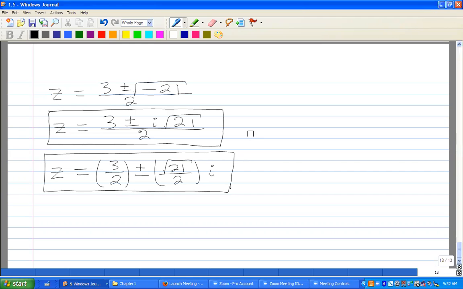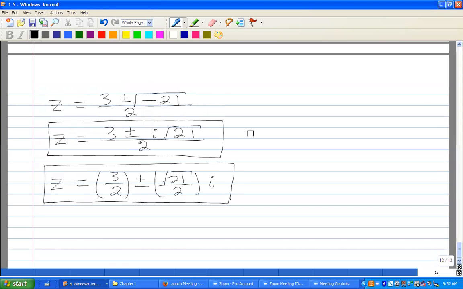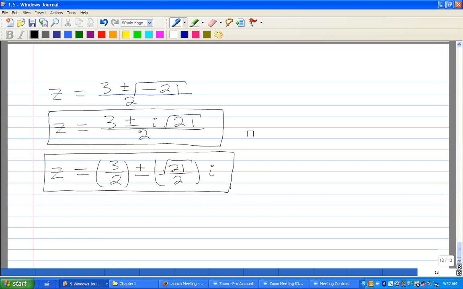But as I say, the previous form is perfectly fine. Oh, and that finishes off section 1.5.